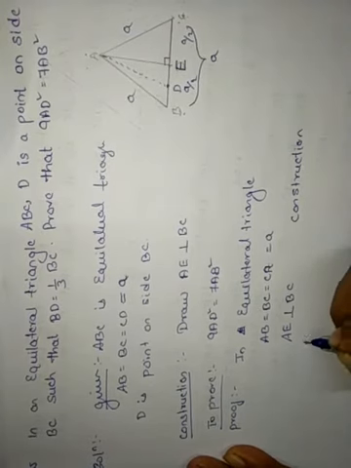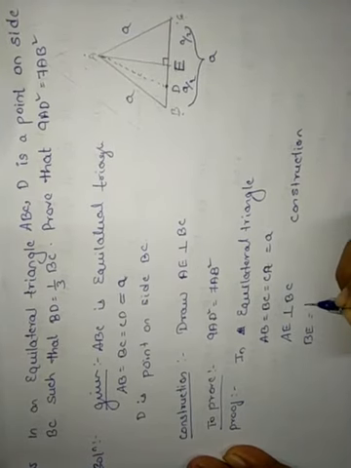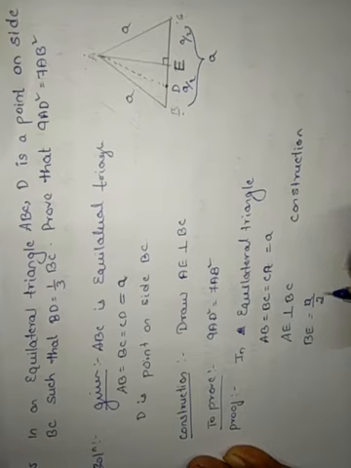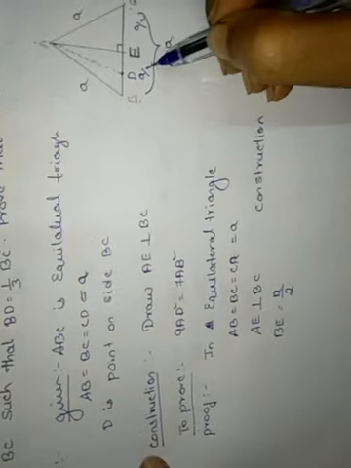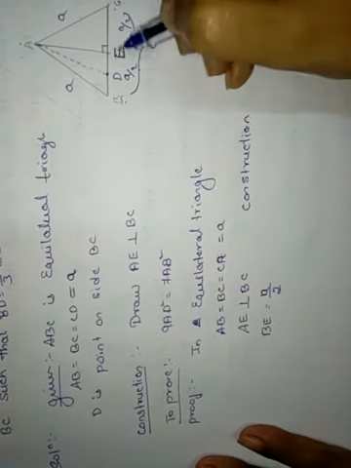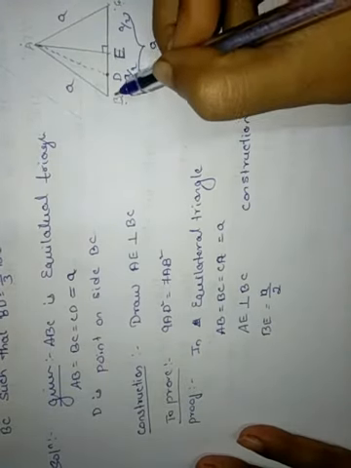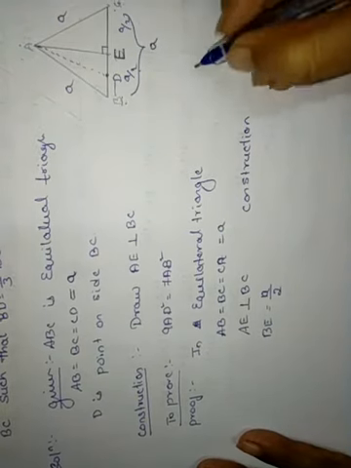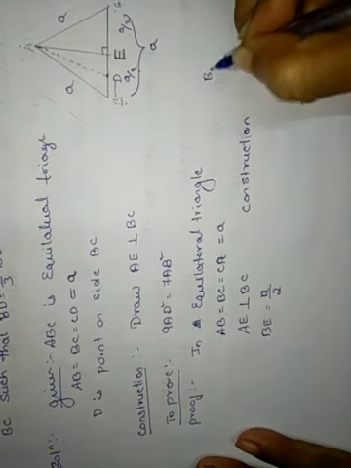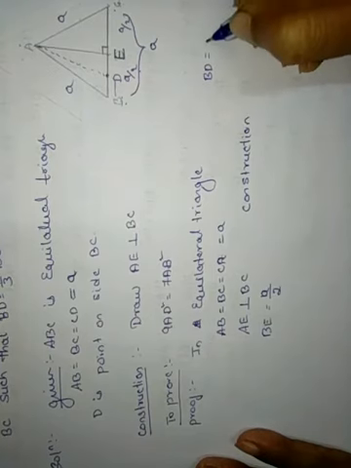Then we can say that BE will be half, that is a by 2, right? And if BE is a by 2, then BD will be again half of a by 2, isn't it? So here we want BD, right?